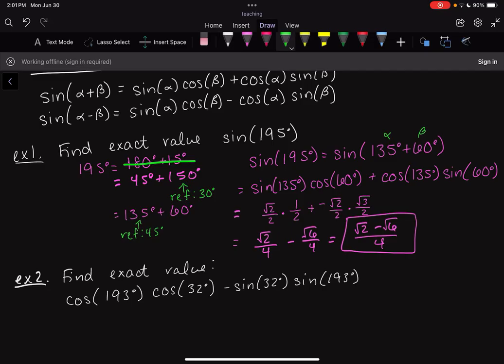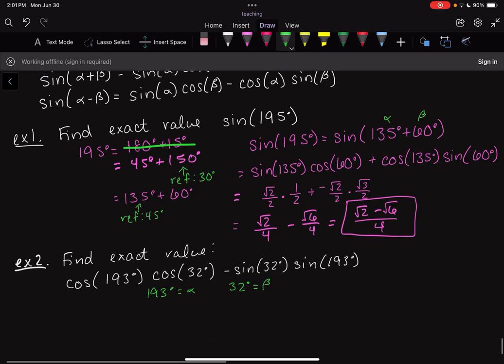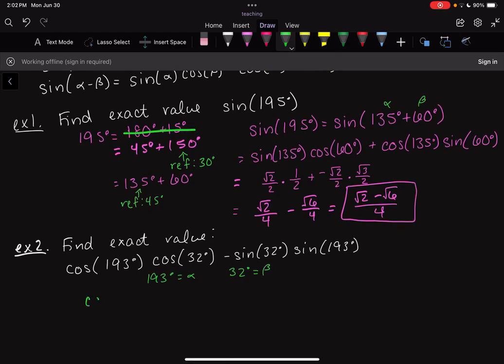So it's looking like maybe my 193 is like alpha, my 32 is like beta. And so it's looking a lot like the cosine sum identity.